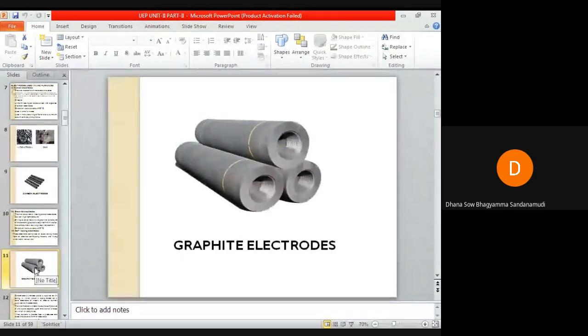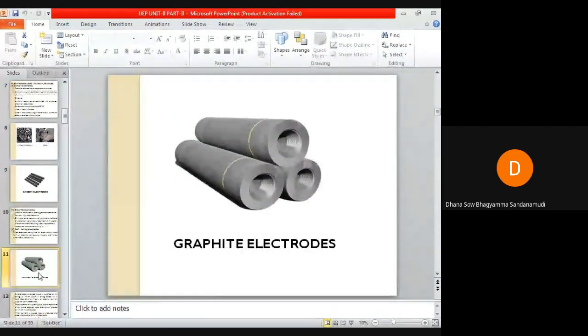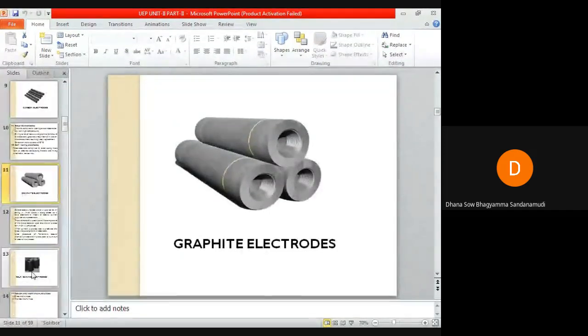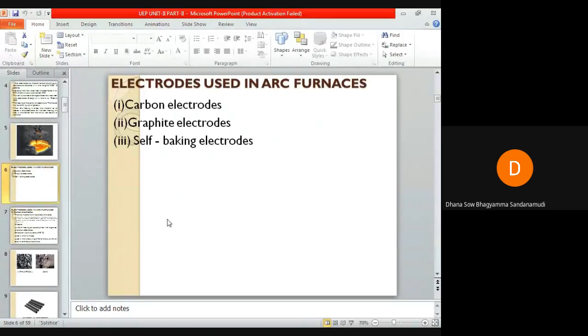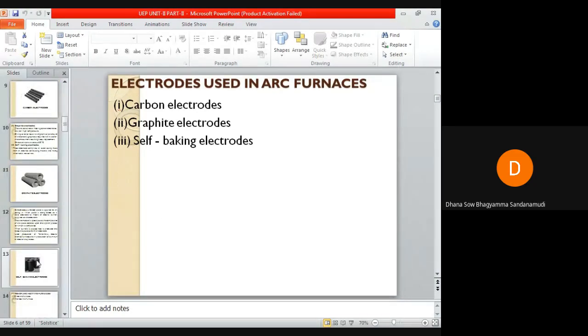Next is the self-baking electrode. Self-baking electrodes comprise an outer casing made from an electrical conducting material and having inner radial and vertical ribs. Wait, I will show you the image.